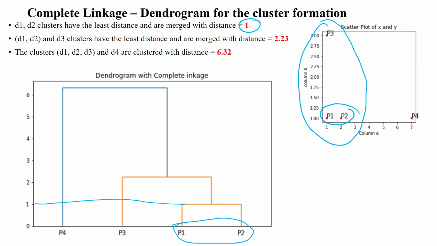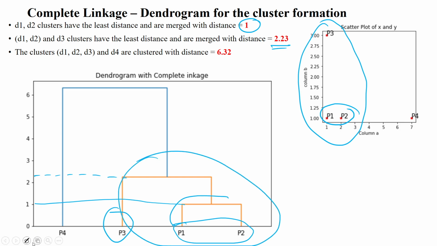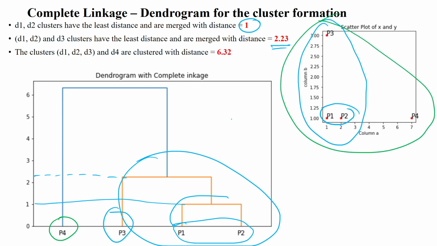Now look at this, this is one cluster and this one is another cluster, so both are combined with distance 2.23. Then next, these three are in one cluster and P4 is in another cluster, so we combine this one and this one at distance 6.32.